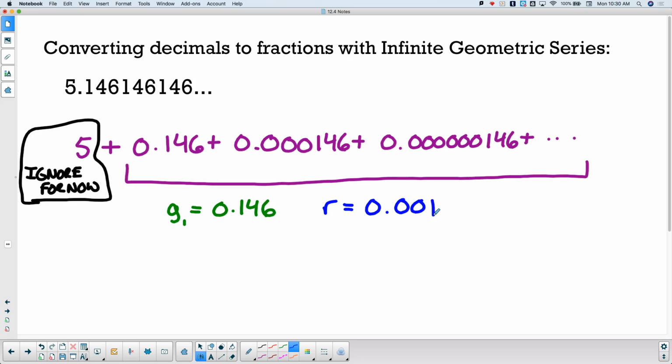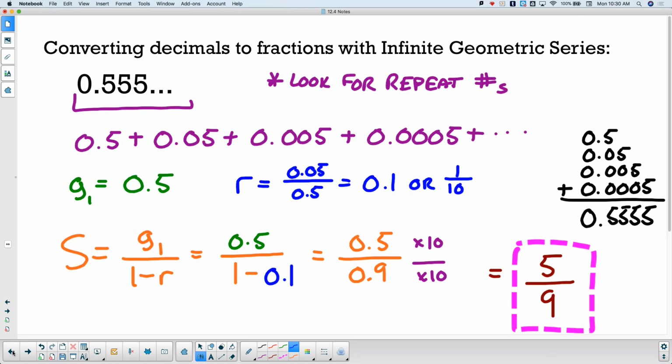We're going to translate that into English now. It moved over 3 times. Or how many digits are being repeated? 3, right? So in the last problem, we had 1 digit repeating, and our R value was 0.1.